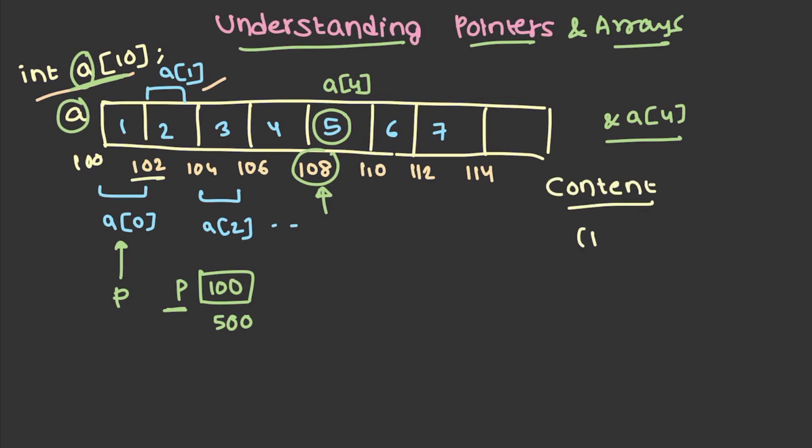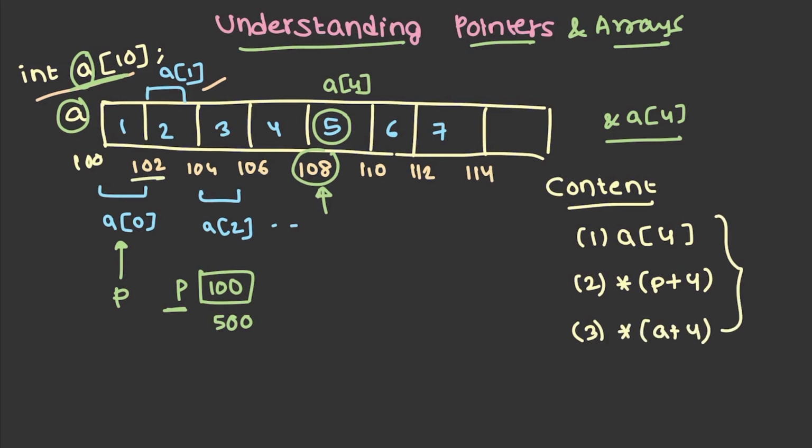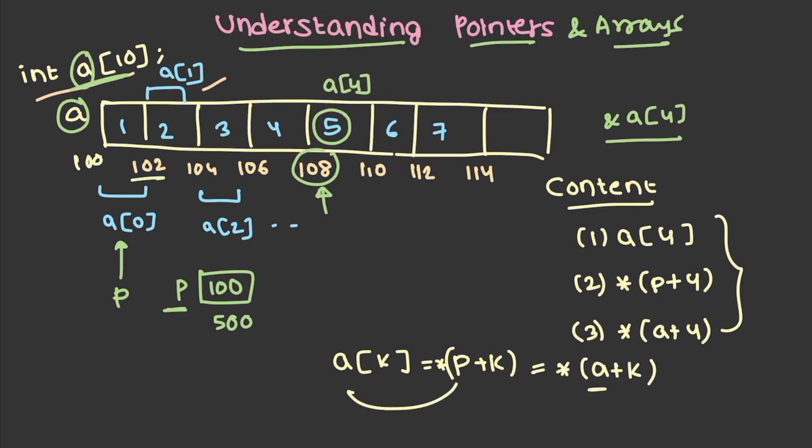It can be found with indexing, A of 4, first approach, or I can use a dereferencing operator before the pointer, or I can use a dereferencing operator before the array name. All of these three are also equal. So A of K is equivalent to the content at P plus K, if P is a pointer pointing to its base address, and the content at array name plus K, because the array name is a mnemonic.